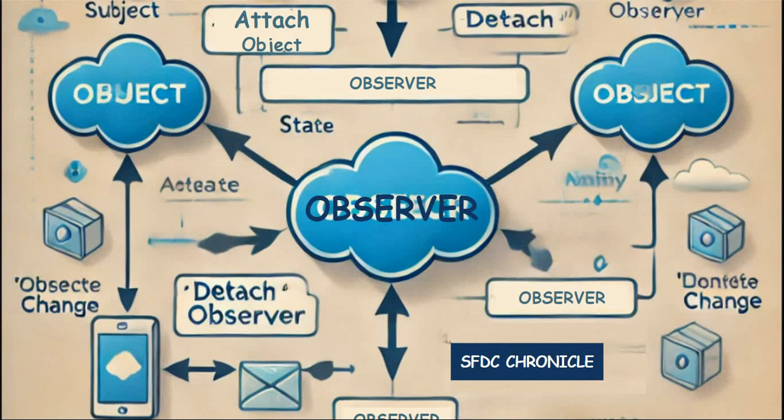Last but not the least, when you want to easily add new observers without modifying the existing code. That is when observer design pattern is very helpful to you. So let's check that in our Salesforce with a simple example.